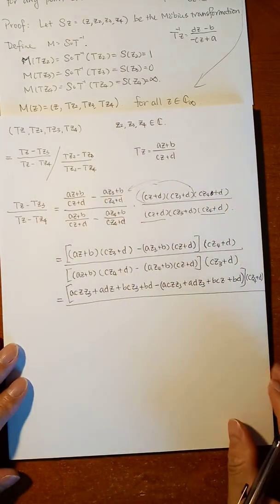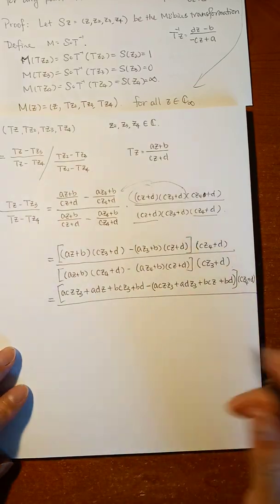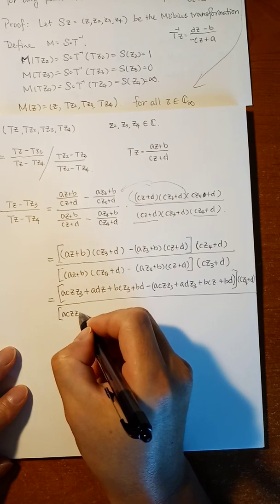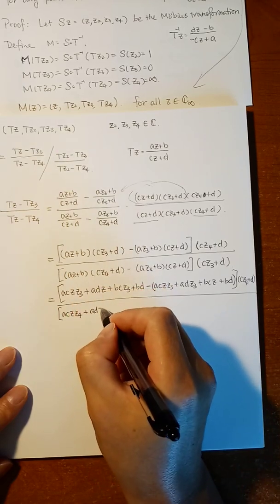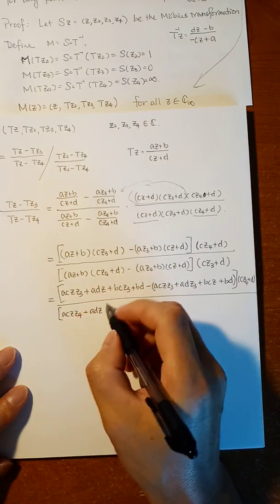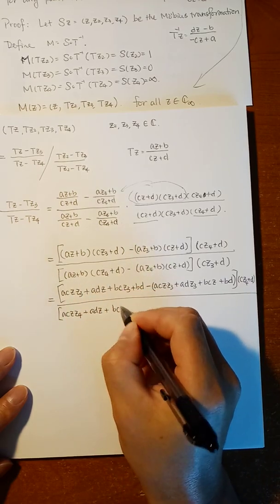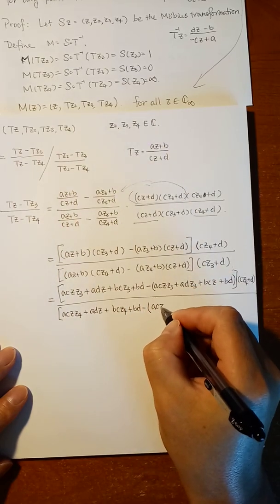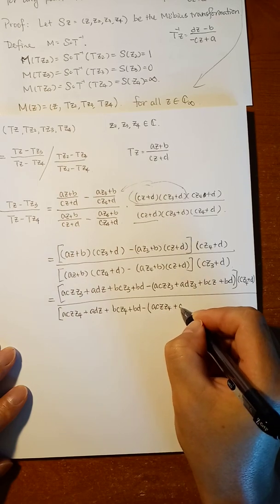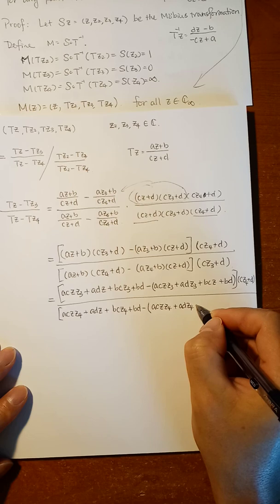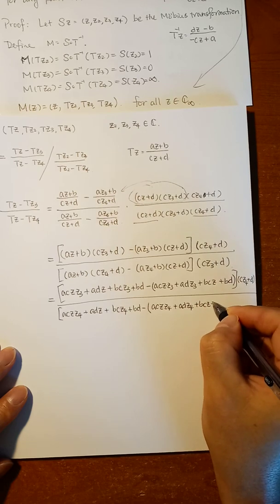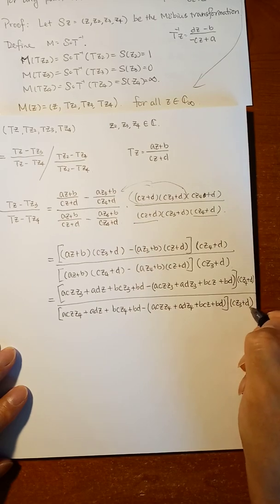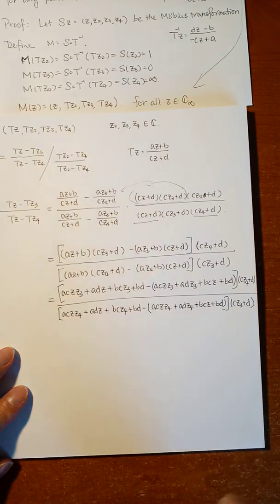Okay, it's a little bit long, but it's okay. So here is acz z4 plus adz, plus bcz4 plus bd, minus acz z4 plus adz4 plus bcz plus bd, times (cz3 plus d). Well, I hope I don't make a mistake.